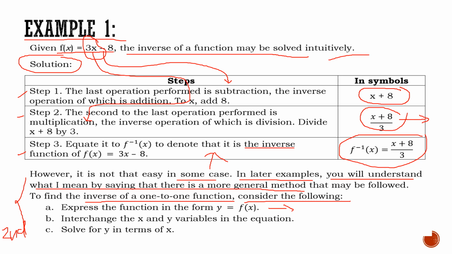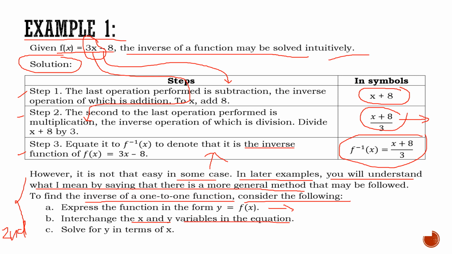Now, interchange the x and y variables in the equation. So, for example, if there's a given function, we simply swap, or interchange, your x and y variables, or swap the positions of your x and y variables.